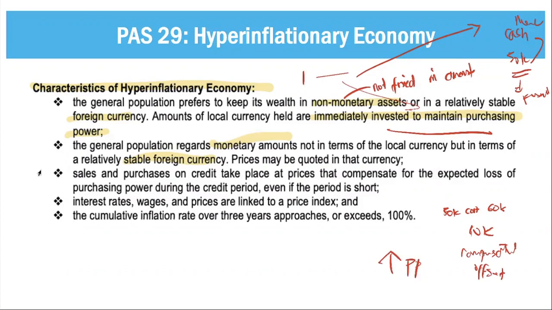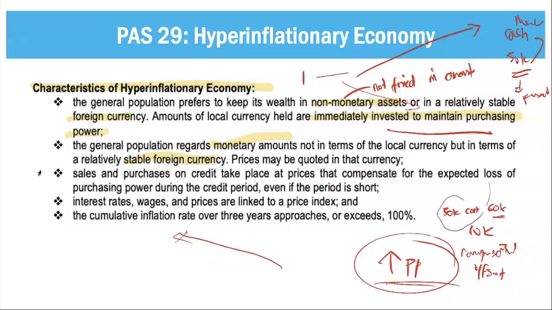So in short, it is as if you have no loss, because you are basing on purchasing power. If the increase in purchasing power happens, the prices will increase also. So this 60,000 now may be worth more than what you have lost.